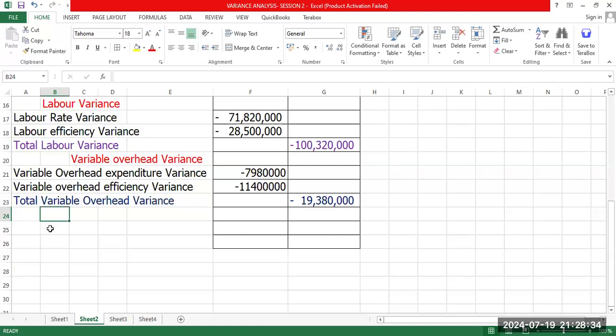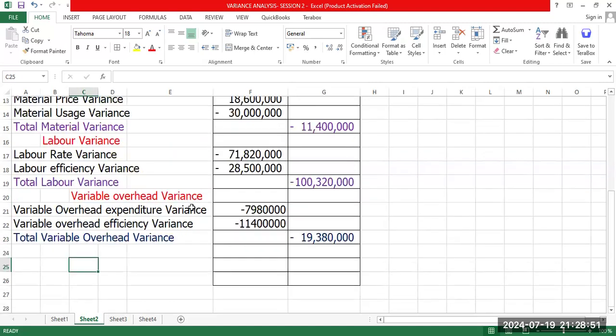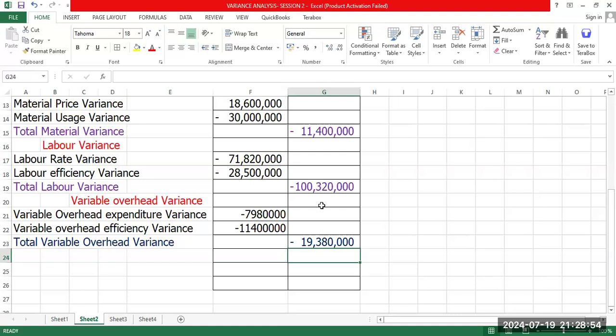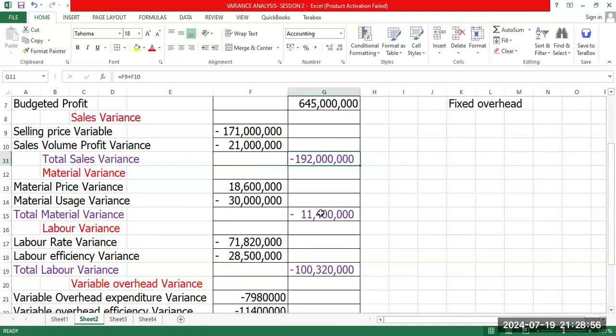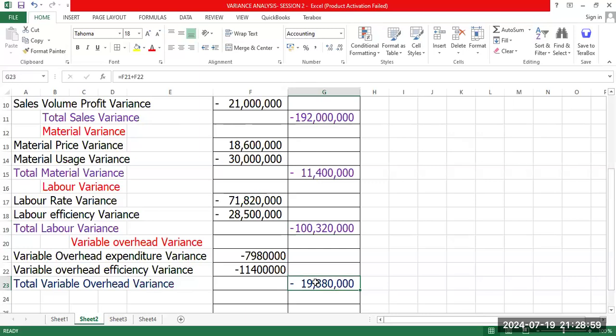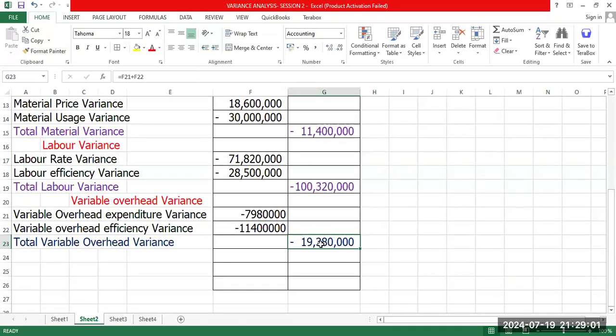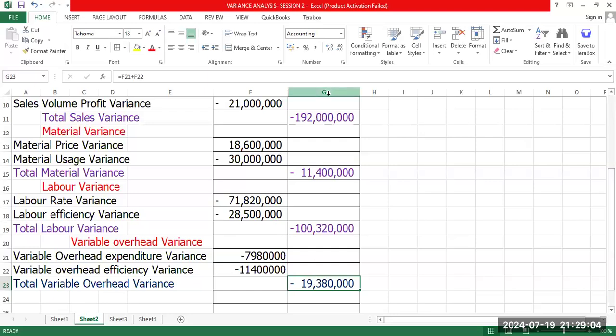Just that the fixed overhead volume variance is subdivided into two, where we have fixed overhead capacity variance and the fixed overhead efficiency variance. So when you add, what do you get? You get this plus this plus this plus this plus this. If the figure is negative, make sure that you put it as a negative and tell me what you have. Add.